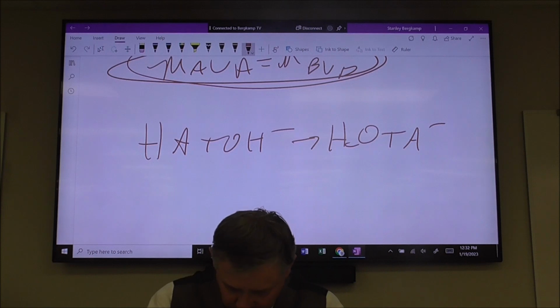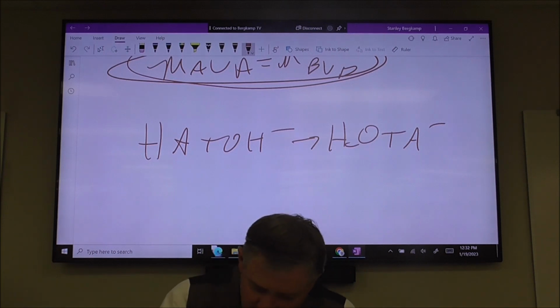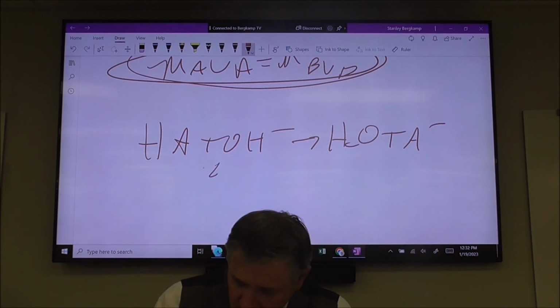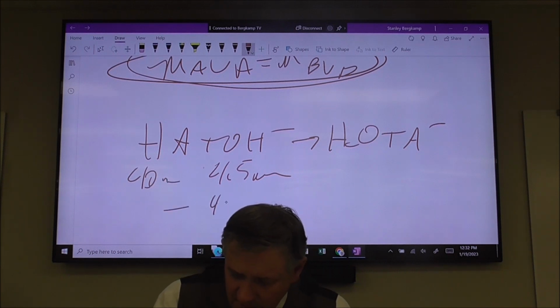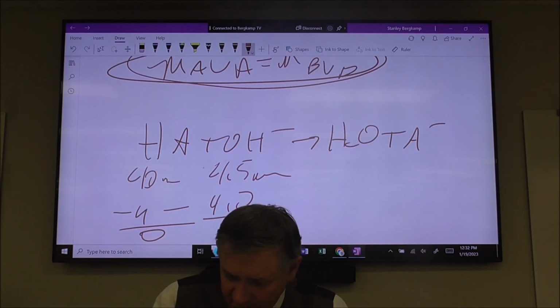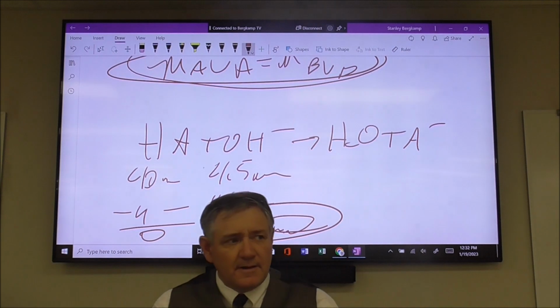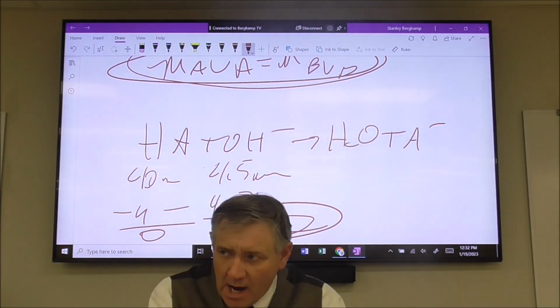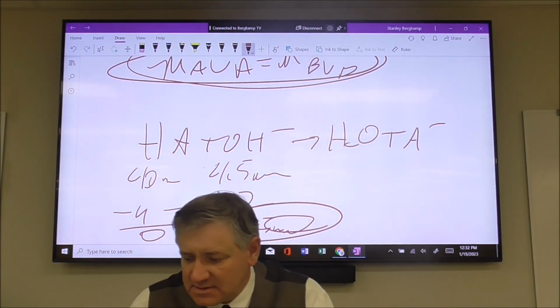In this situation, you have 4.5 millimoles of your base, you have 4 millimoles of your acid, you go -4, -4, 0.5 millimoles. So at this point, that is the dominant source of your hydroxide ions.